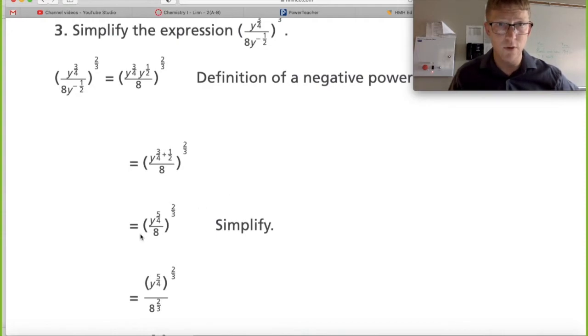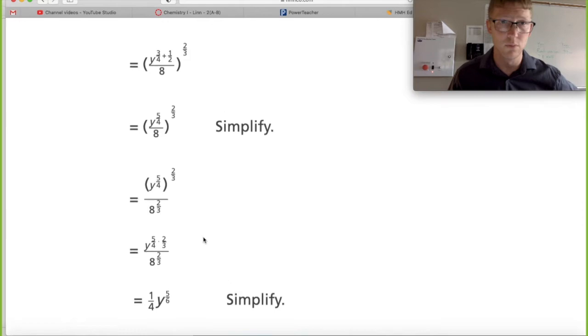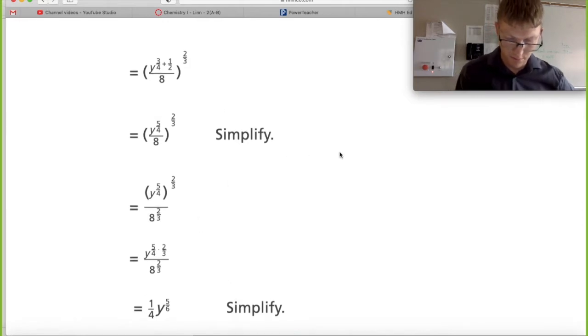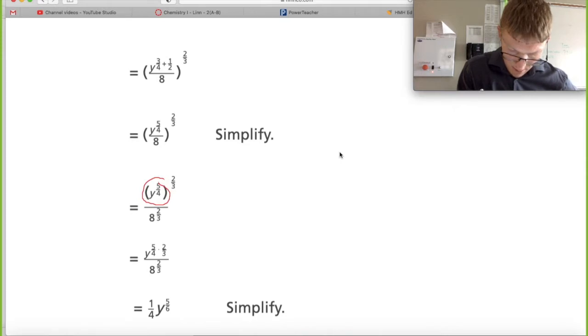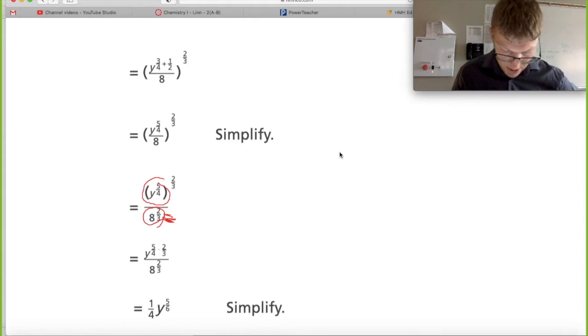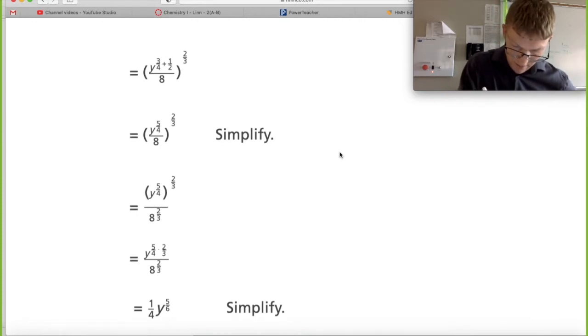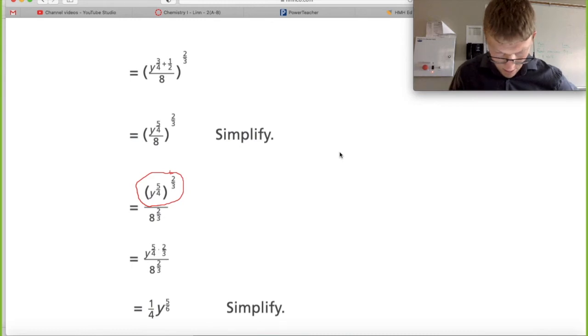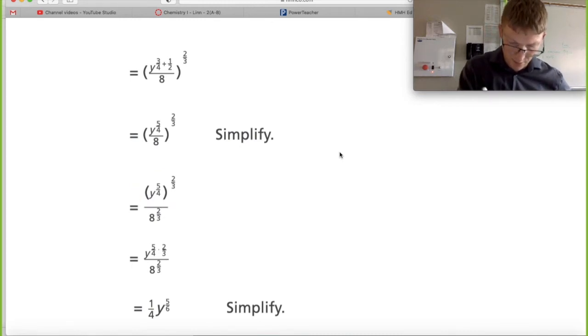So because of our raise to the power rule, we're just going to take this one, raise it to a power, and this one, raise it to a power. This is a number, so we can just shove that into our calculator if we wanted to come up with a number. This is a power rule, so we're not going to add those, we're going to multiply them together.